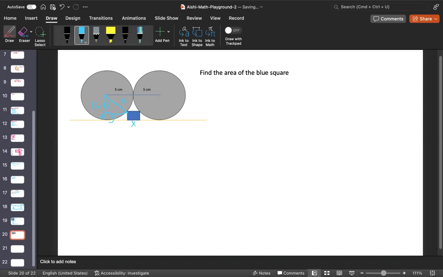Okay, so now let's use an equation. We can use the Pythagorean theorem again. We have (5 minus x) squared plus y squared is equal to 25. Then let's open the parentheses.